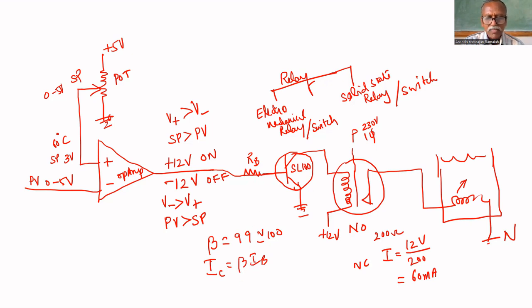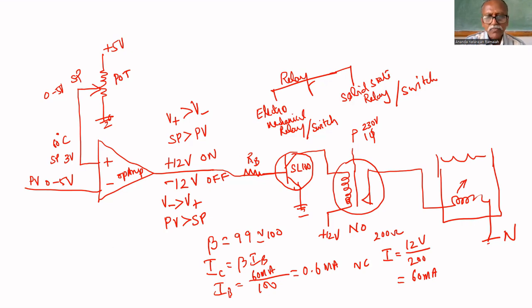Therefore, IB equals IC, that is 60 milliampere required, divided by beta, which is 100. That equals 0.6 milliampere. So whenever the base current is 0.6 milliampere, it will be turned on. Less than 0.6 milliampere, it won't turn on.